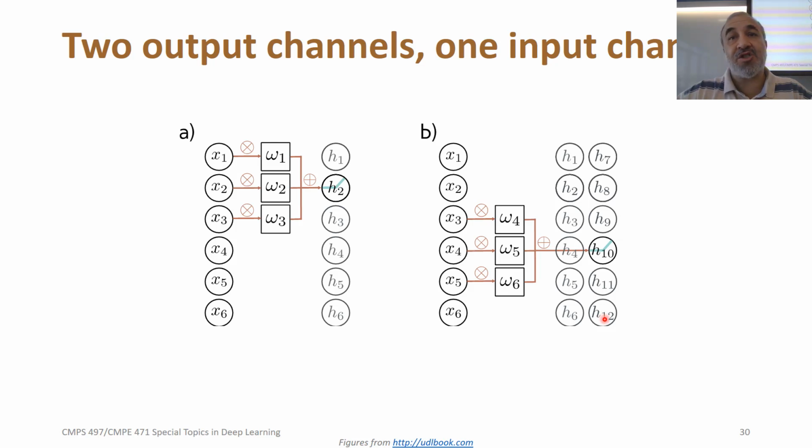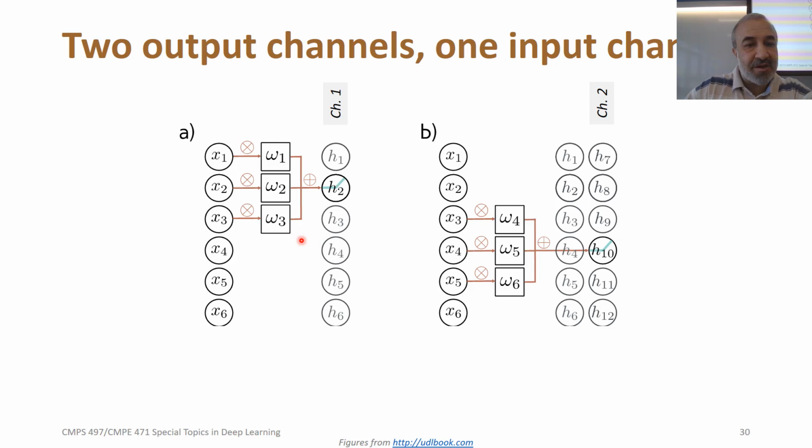We call that another channel. So now in the same layer, we have two channels. This is channel number 1. This is channel number 2. So these are two channels within the same layer. Every kernel will produce its own channel.